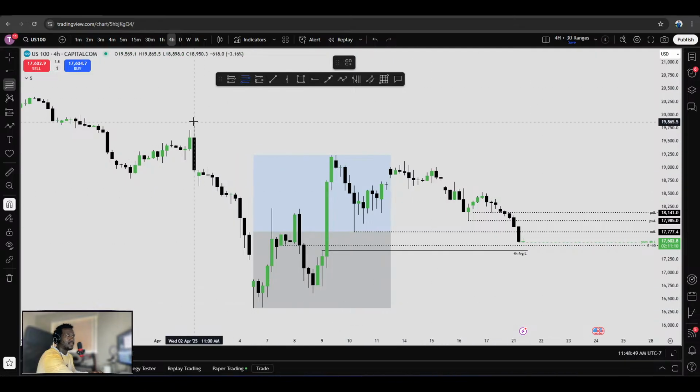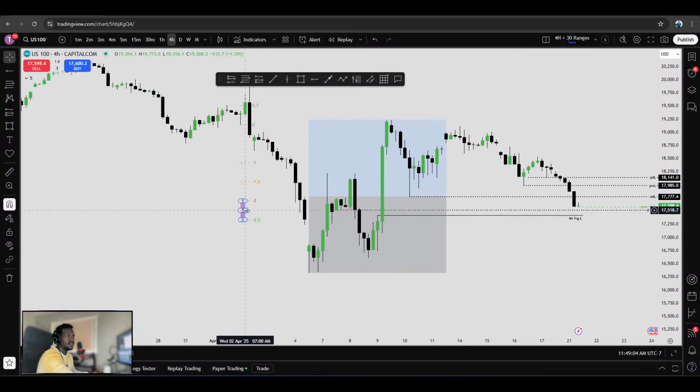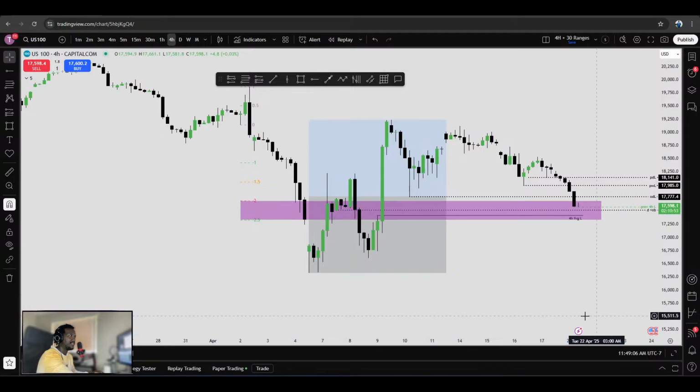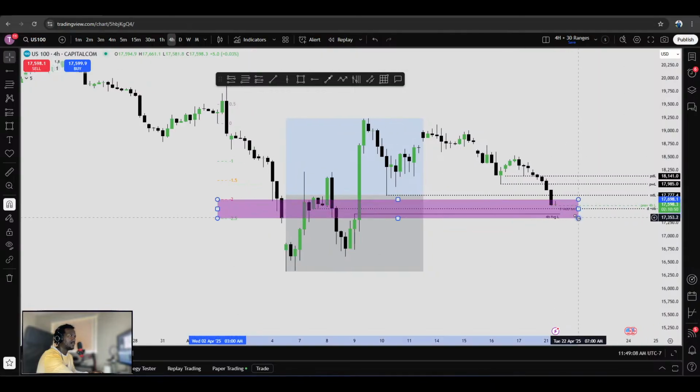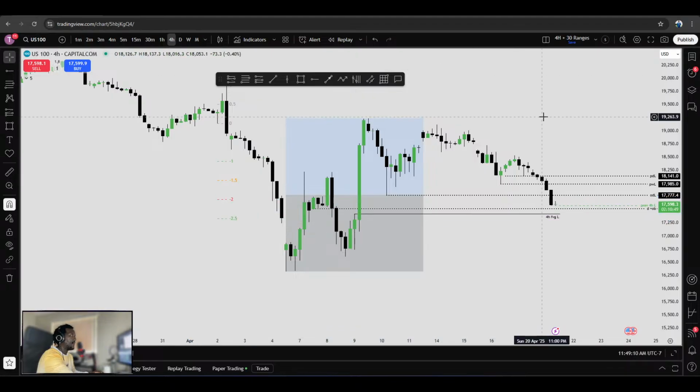So if I could use that high to that low, what we're looking at is 2 to 2.5. That's kind of where we are right now. So that would be nice if we got some bullish move to the upside right now. I don't know.